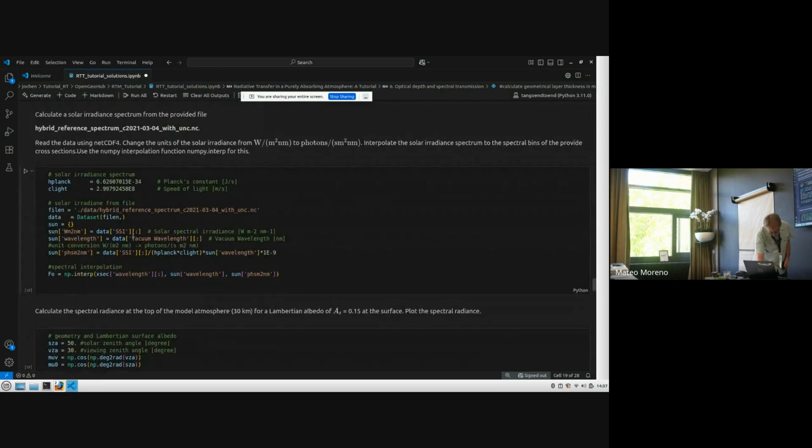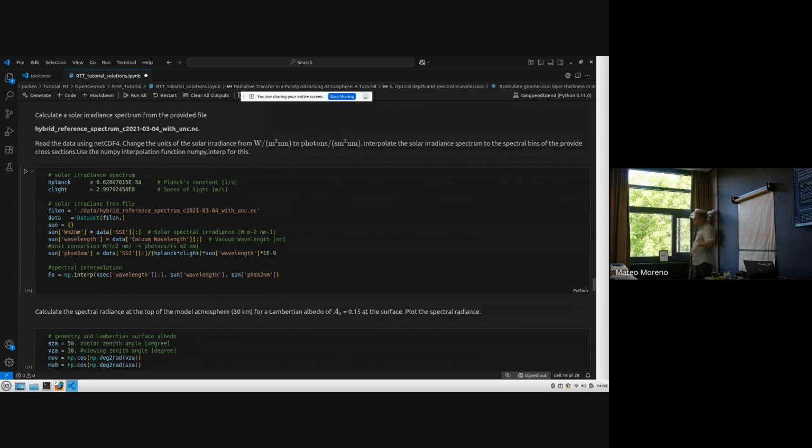And that's what we do here, that we read in the data from a file. We assume the sun is constant, not really true, the sun also changes in time. So we read in the data from a file and we convert the units. I like to work with photons instead of watts, but that's a matter of personal preference.